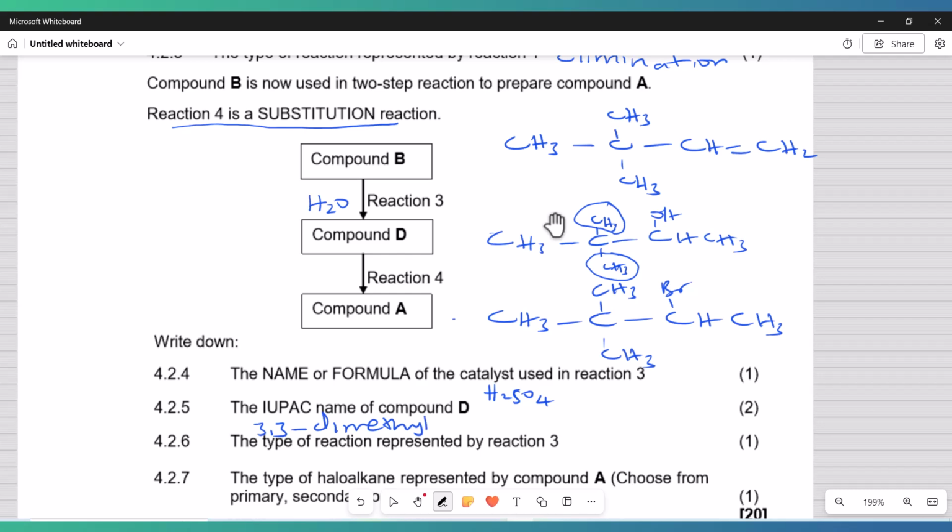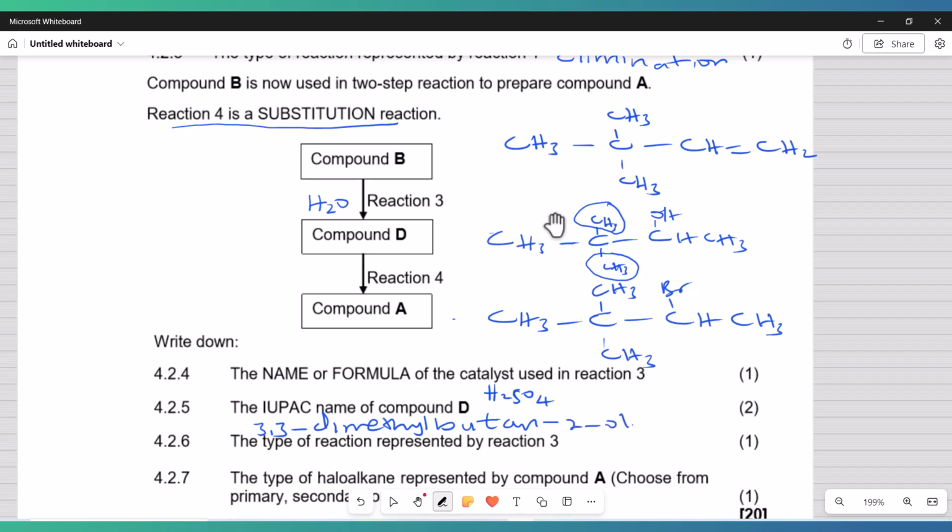Now because it's an alcohol, I'm going to say butane, B-U-T-A. Now my OH is on carbon number 2, so butan-2-ol.